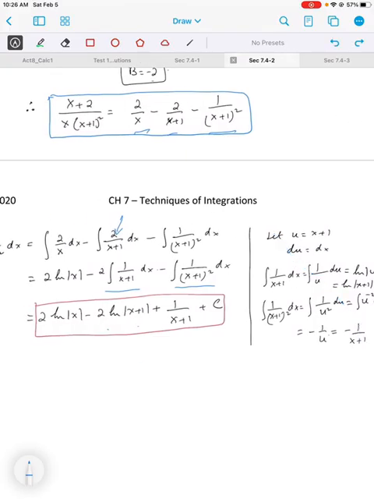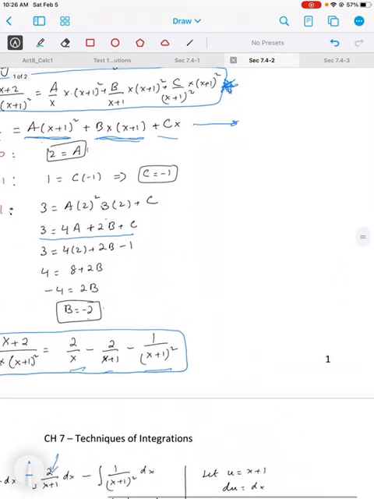So this is how we will be doing the problems with partial fractions. Note here, just leave the answer in this form. Don't try to combine these terms using the logarithmic properties. This is your final answer. You will leave it here.